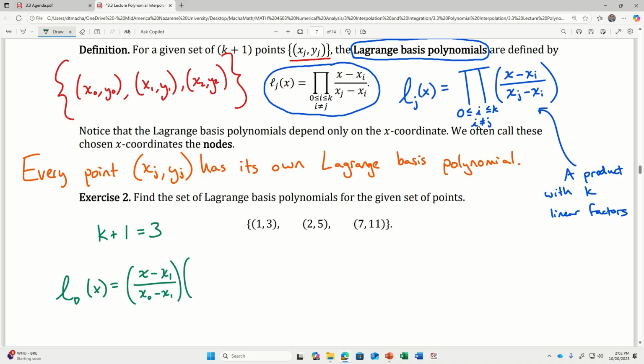My next factor in this product is going to be x minus x2 divided by x0 minus x2. And since this Lagrange basis polynomial is a product with k linear factors, and k is 2, well, that's it. I've got a product with 2 factors.